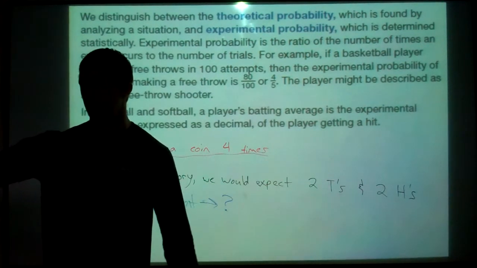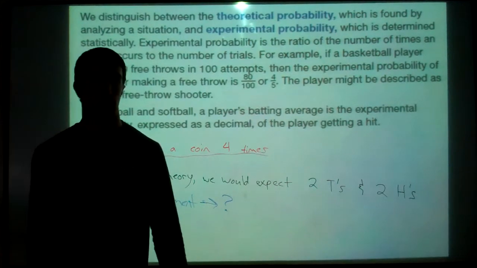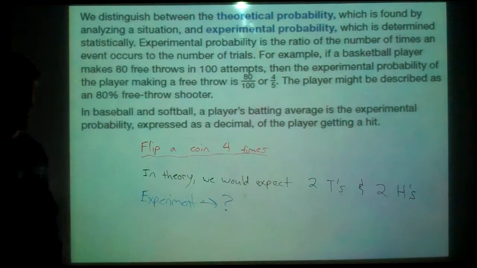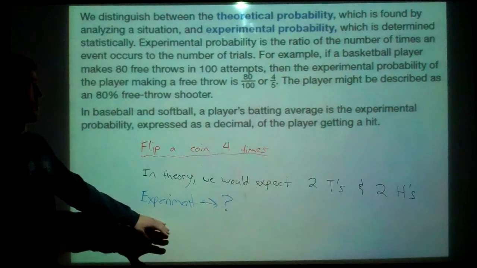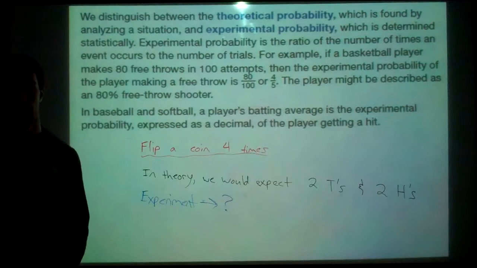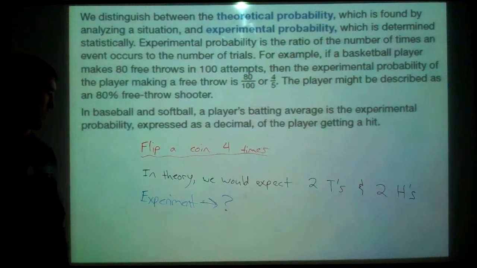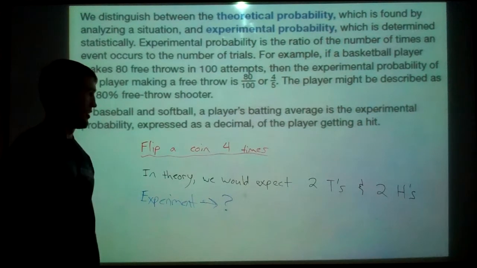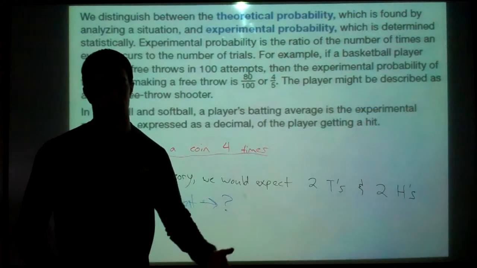I might get 2 and 2 over here. I might get all 4 heads. I might get all 4 tails. You don't know what you're going to get in an experiment. So experimental probability comes from observing a situation. Theoretical is what we would expect to get by analyzing the situation. So that's kind of the difference between the two.